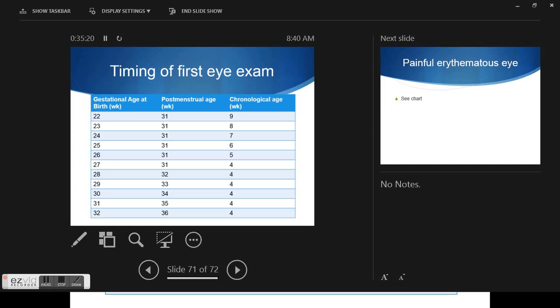Remember, dacryocystitis can be a complication of nasolacrimal duct stenosis. I didn't show a picture, but that's when you actually have a nodule form at the side of the nasolacrimal duct.